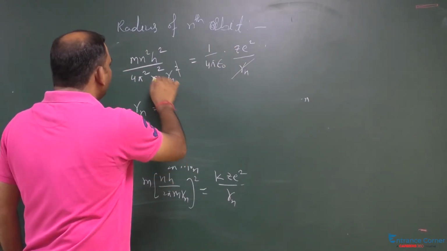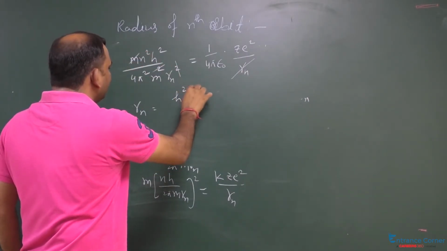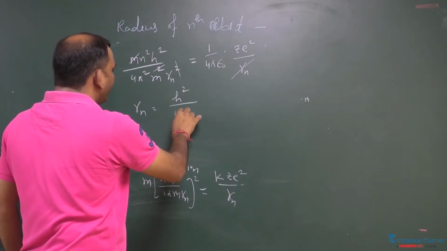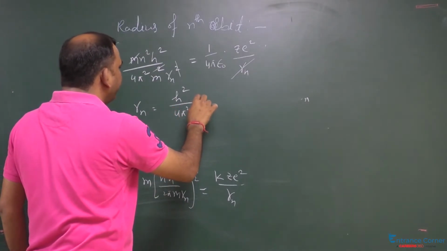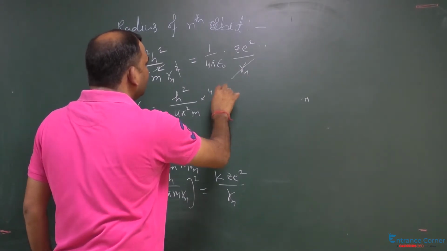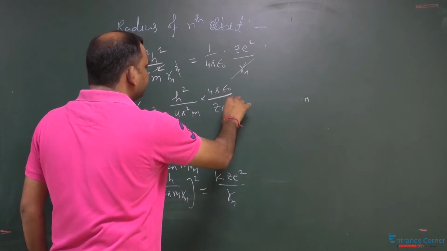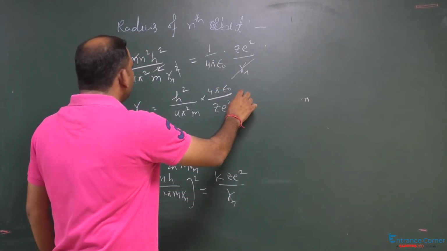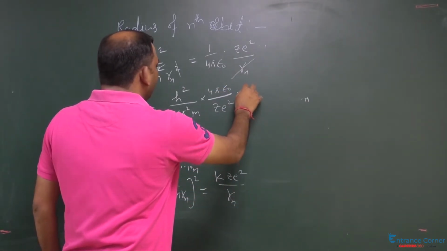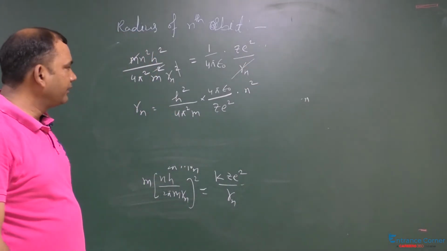So, m will be cancelled out. That is equal to h square upon 4 pi square m into 4 pi epsilon naught upon Z e square into n square, right.